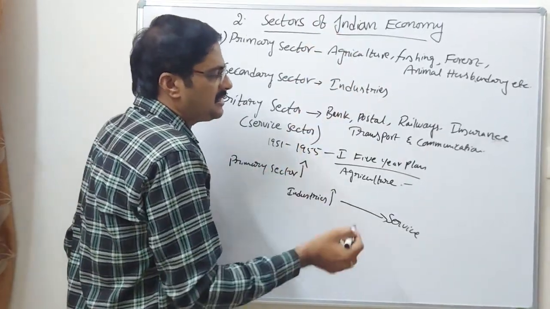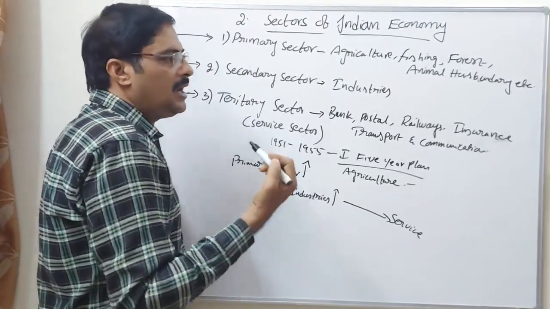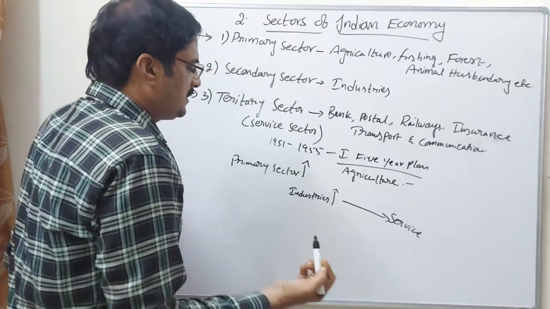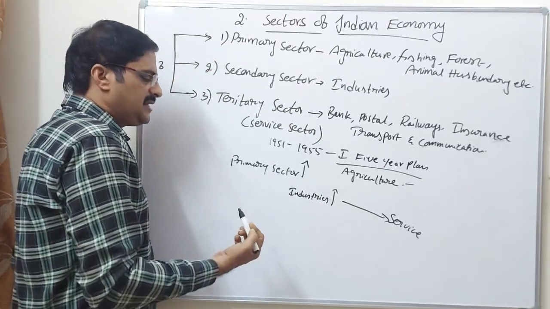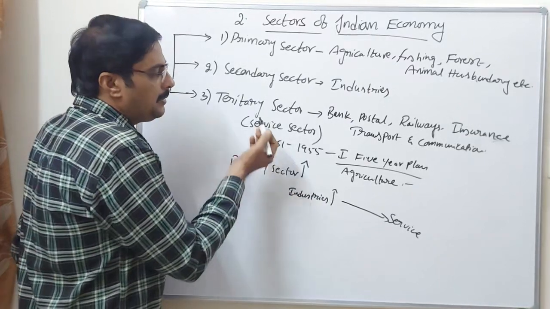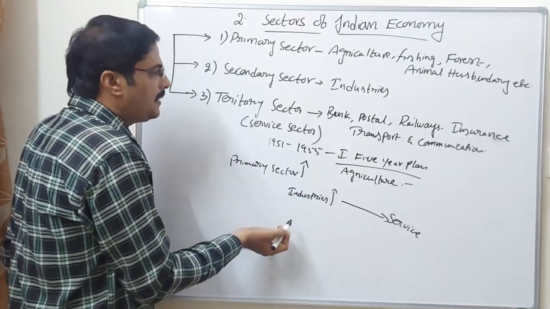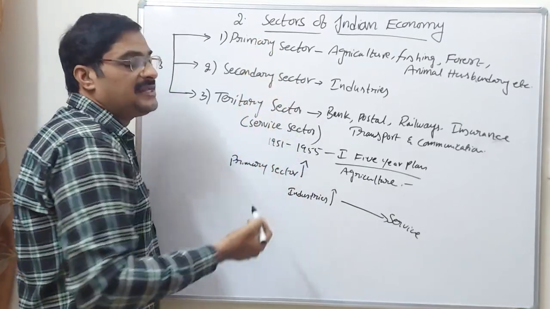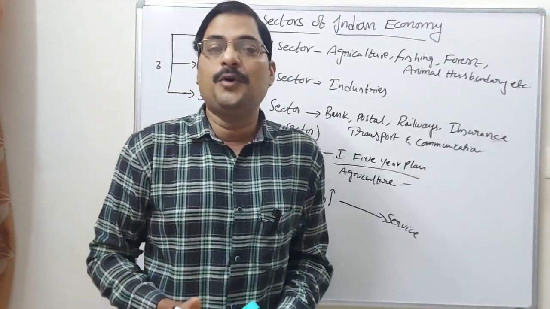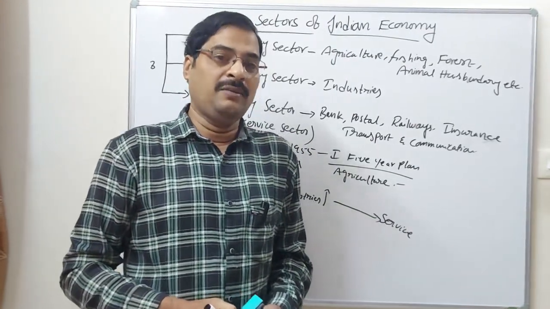Bank, postal, and insurance also come under services. These services are given as a helping hand to the remaining two sectors. That's why all these three sectors are very important for the development of the Indian economy.